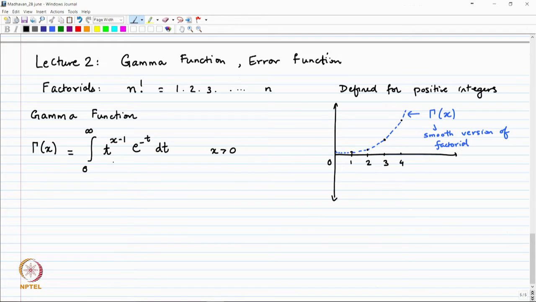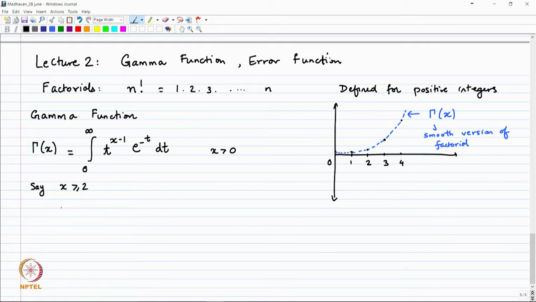If you see this function, it does not appear to be related to a factorial, but you can easily show that it is related by a small trick. Let us say x is greater than or equal to 2. Then you will have t raised to some power which is greater than or equal to 1.